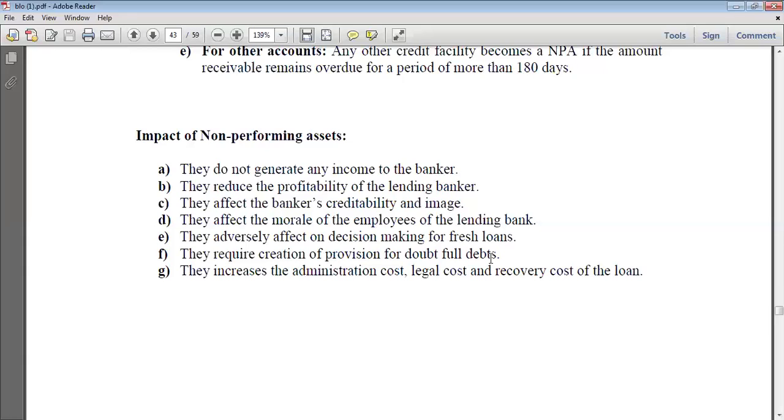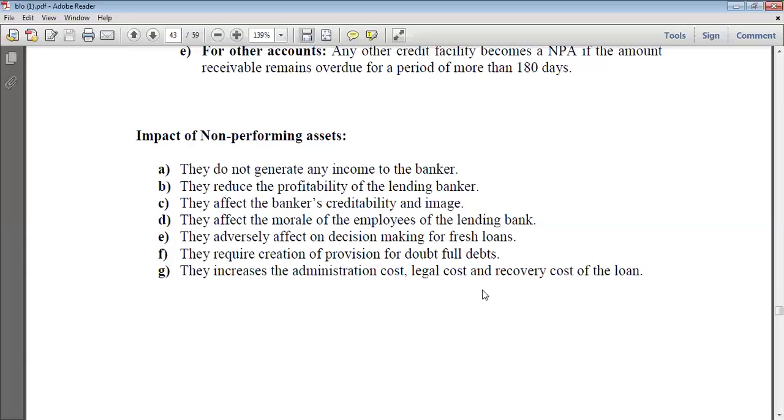Next, they adversely affect decision making and fresh loans. Ultimately, we cannot raise new loans or fresh loan policies for customers, because the money is tied up with a single person, so we cannot transfer the money to other people. They also require creation of provision for doubtful debts. Basically, we create provision for doubtful debts which are not recoverable.